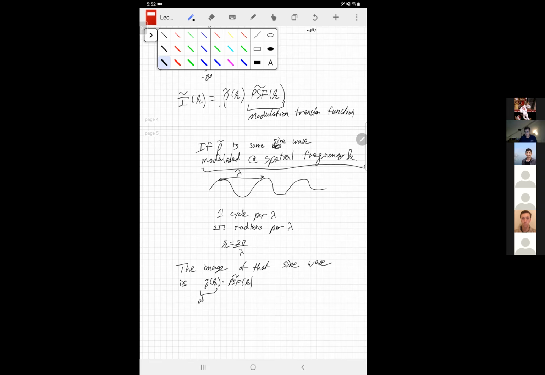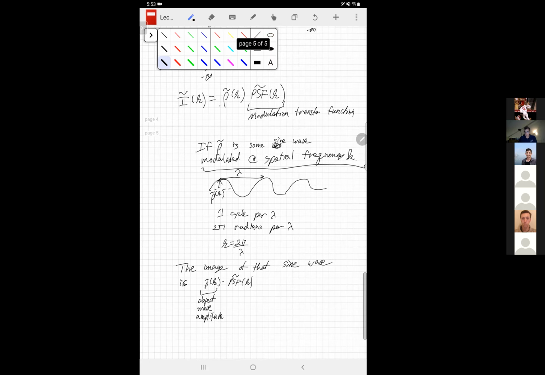This is the object wave amplitude. All right, we'll say that this is rho tilde of k. This is the height of your object.